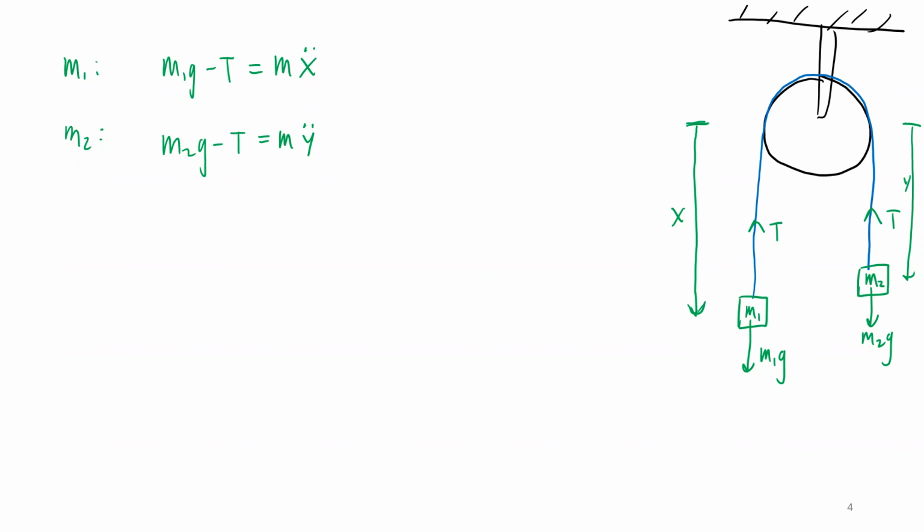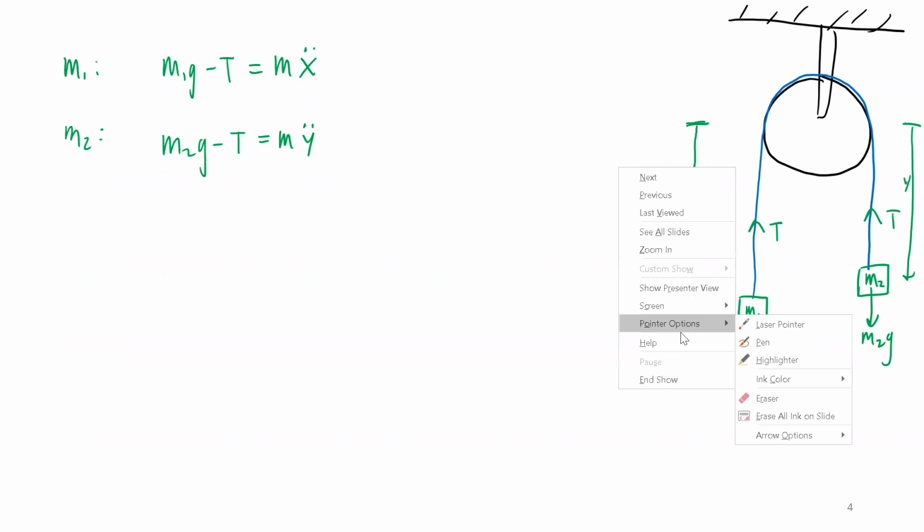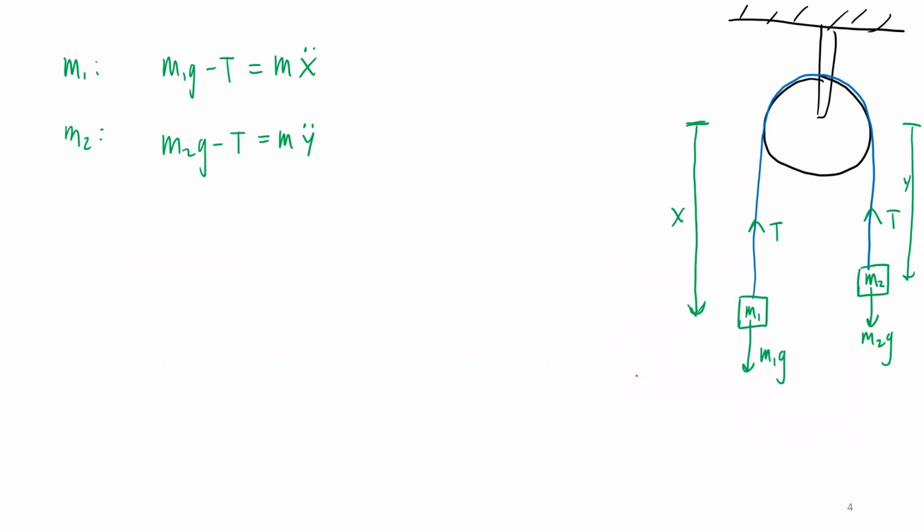It's an inextensible string. So the length of this part plus the length of this part is always a constant. So I can just say that x plus y equals L. That's the fact of the constant length of the string.